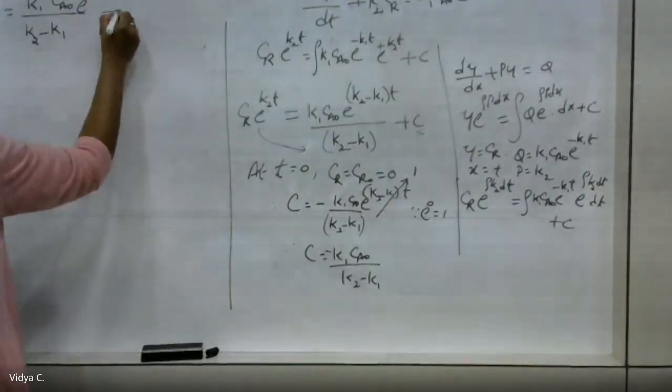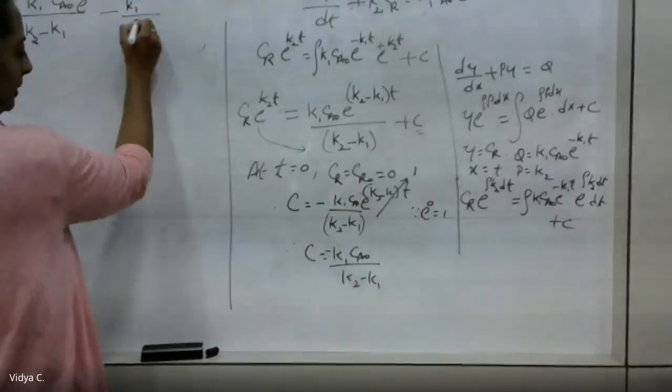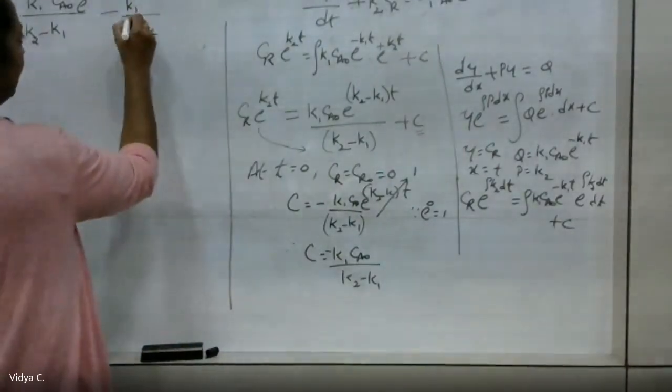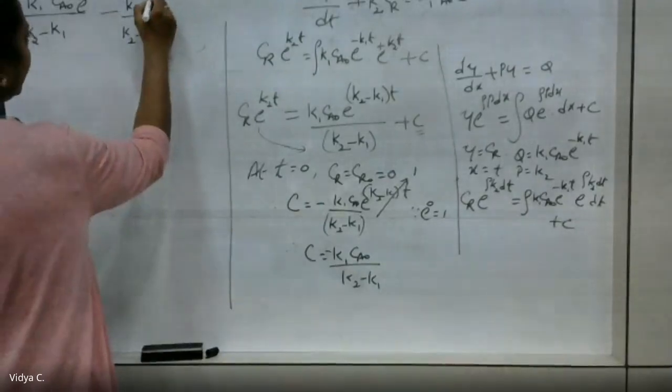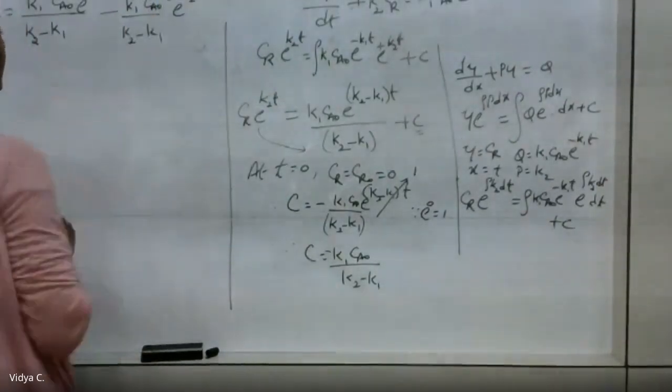Plus what is C? C is actually minus k1 by k2 minus k1 Ca naught e to the power of minus k2t.